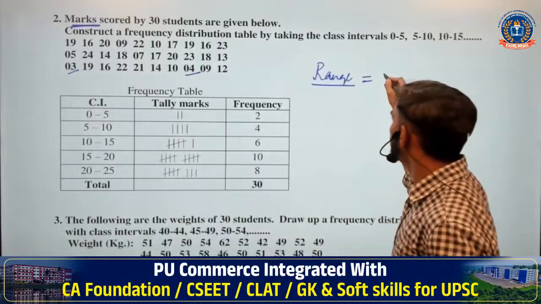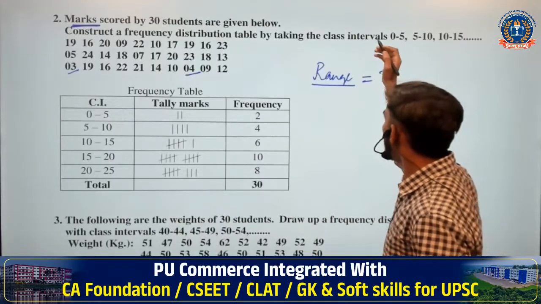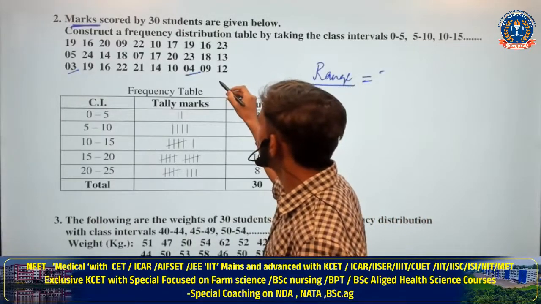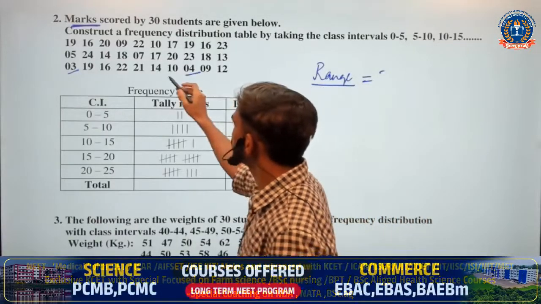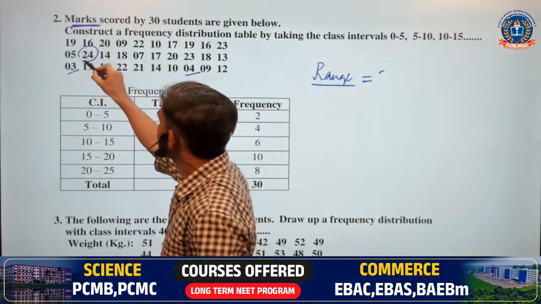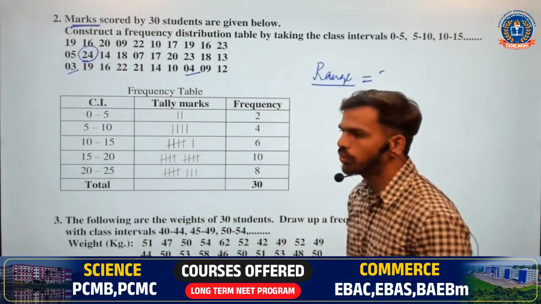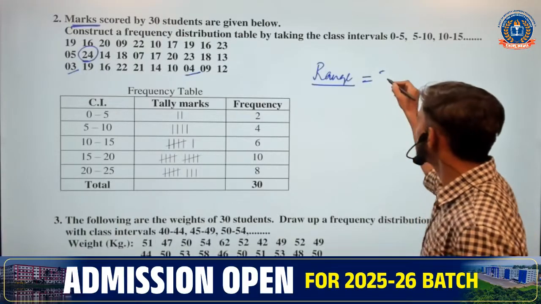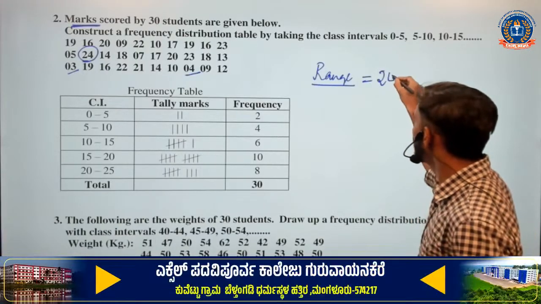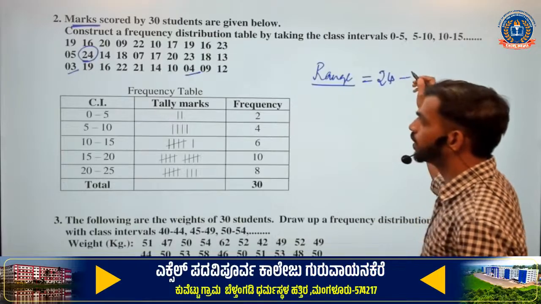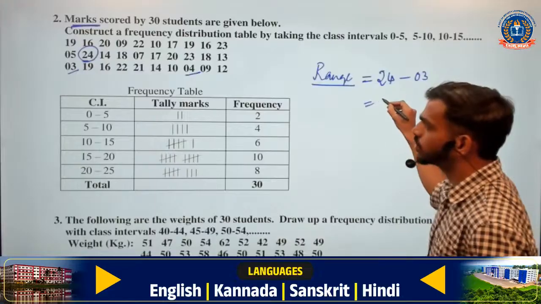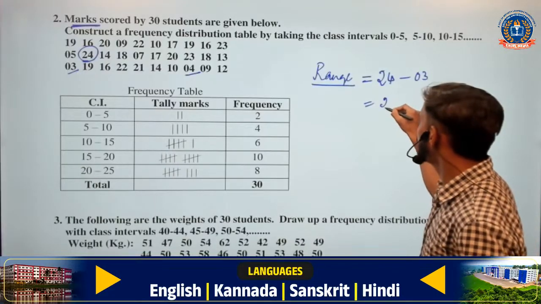So the range will be... the highest value is how much here? 24. Do we have any other highest value? So 24 is the highest value. So range is nothing but the highest value 24 minus the lowest value 3. 24 minus 3 is 21.